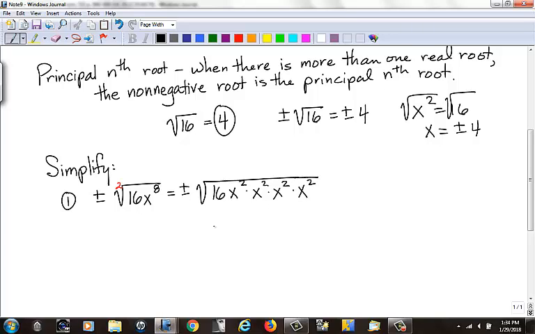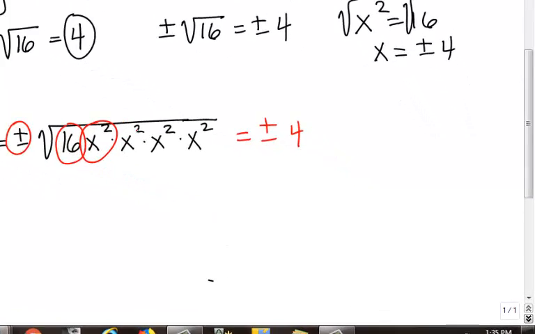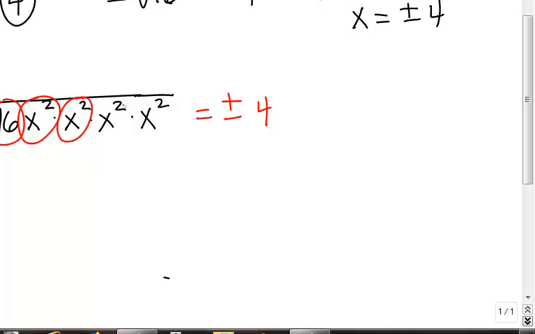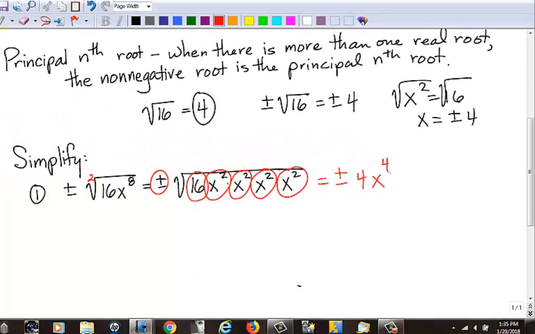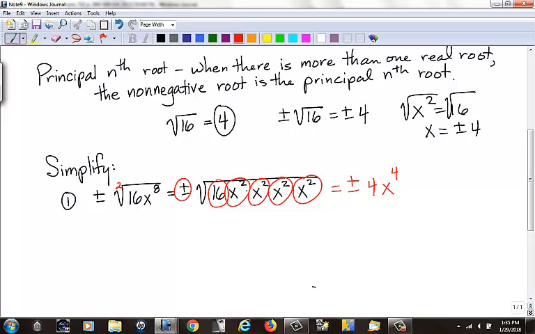Remember, when you multiply monomials, you add the exponents. Out of this I could take out, and it would be positive or negative because of this sign, positive or negative 4. Out of this I could take out an x, an x, an x, and an x, so I could take out x to the 4th. Okay, so your final answer is plus or minus 4x to the 4th.